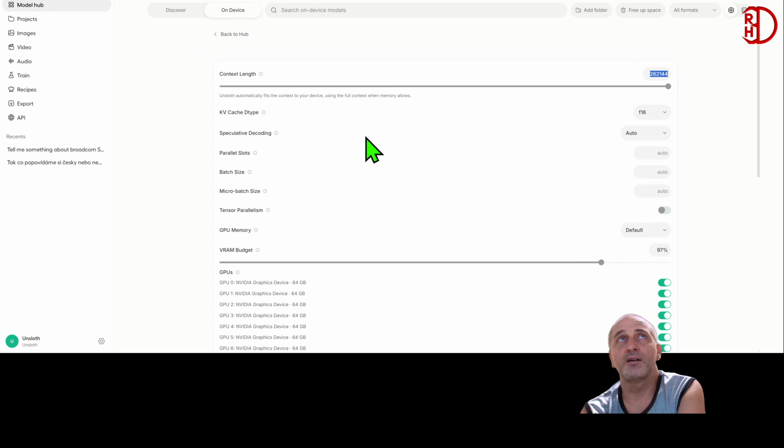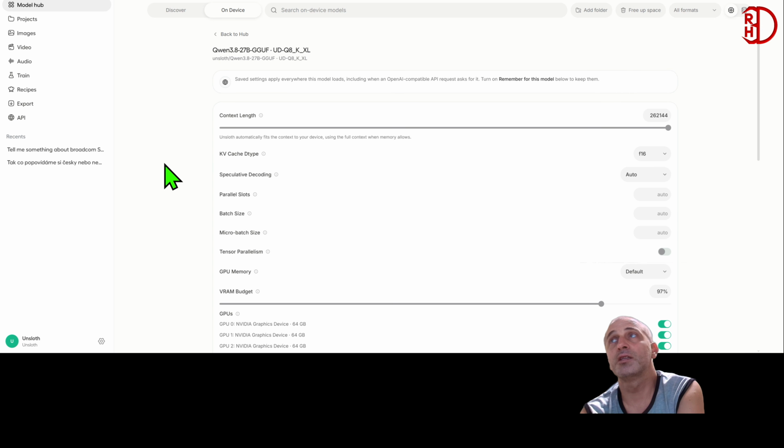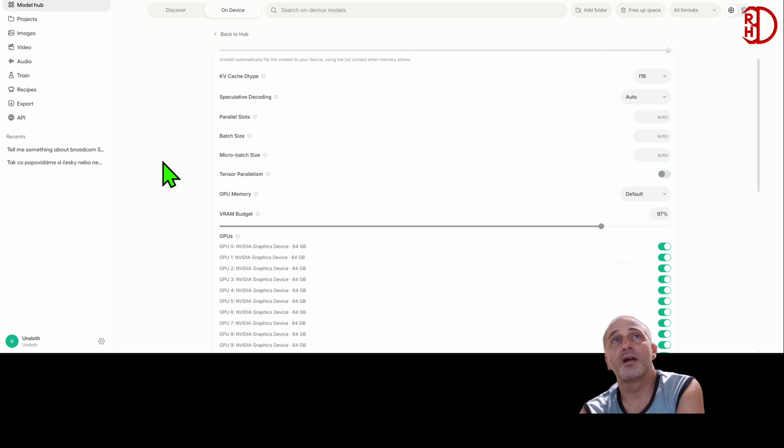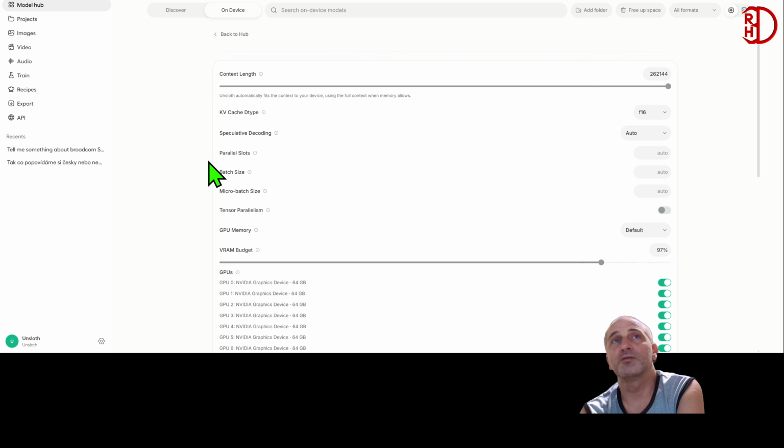I have read something about it being even possible to go to 1 million actually. So it's maybe able to do it somewhere, not in the Unsloth Studio, but you see those options. Definitely parallel slots, batch size, micro batch size, tensor parallelism, GPU memory.